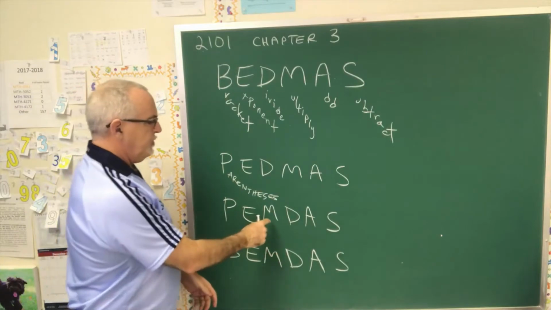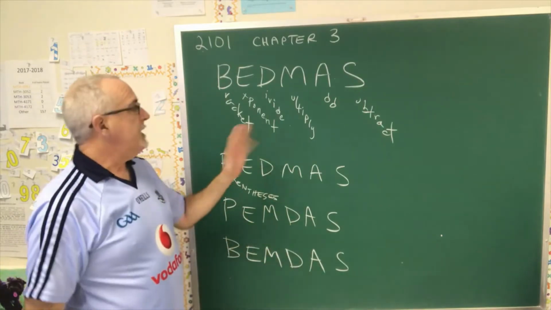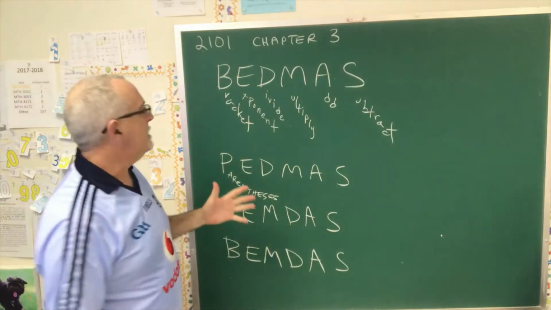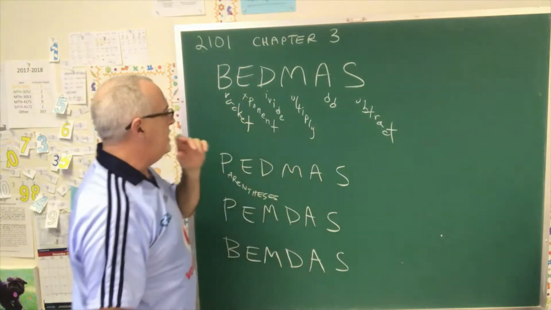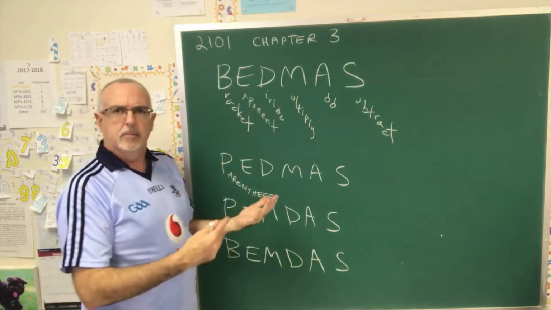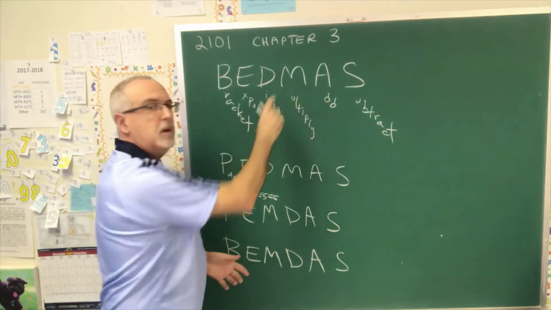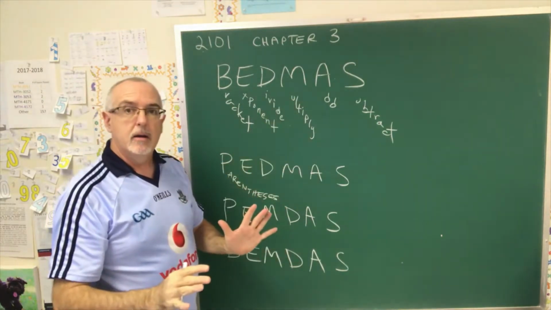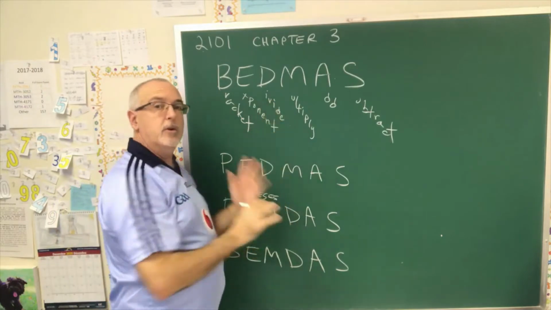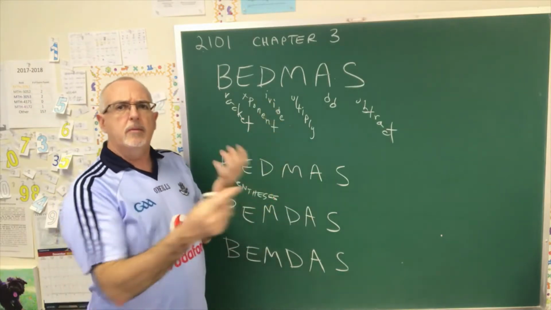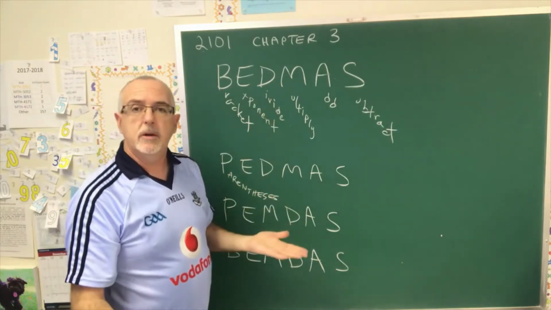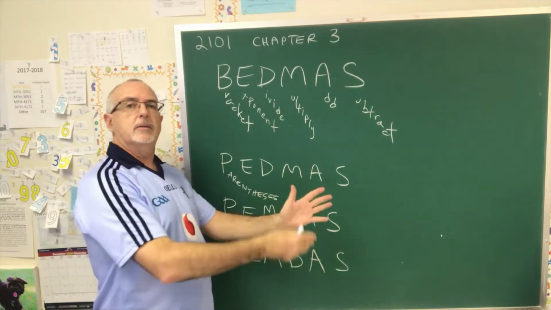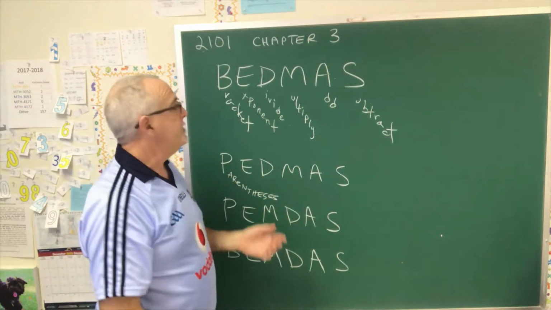What about this putting the M before the D thing? Well, that's an interesting little topic in itself. The way I'm teaching it, BEDMAS, it implies you would divide before you multiply, but it's not really true. Divide and multiply are actually in a tie. You don't have to divide first, you don't have to multiply first. So when you have more than one of them, which one do you do first? I do whichever one is further to the left first.